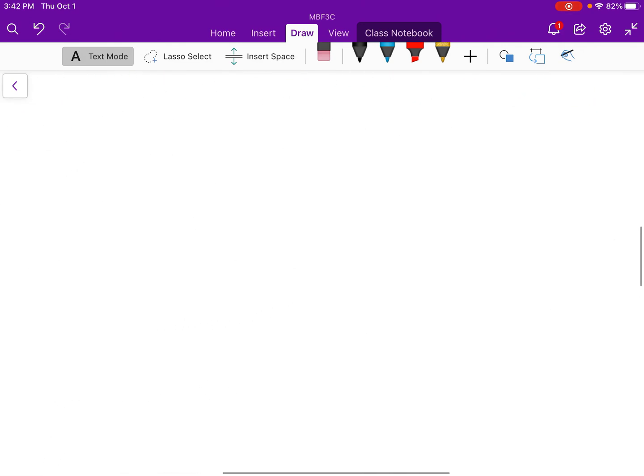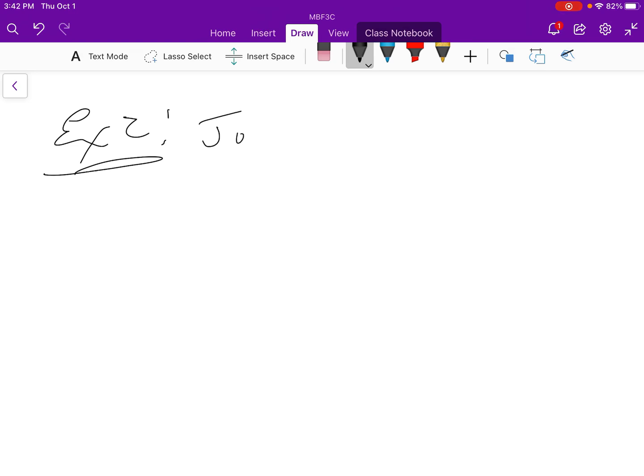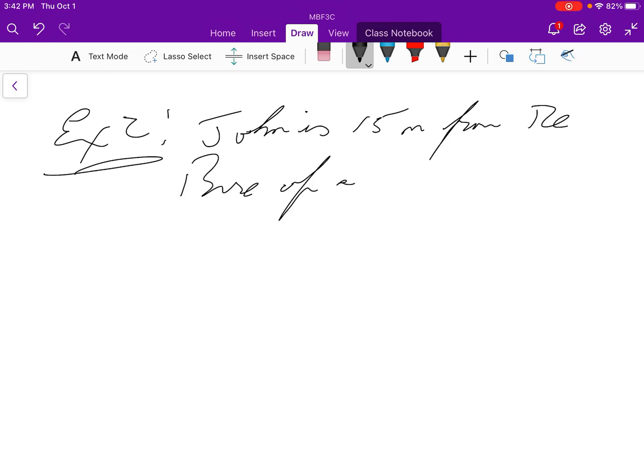All right. And maybe this example might say something to the effect of use the angle of elevation or the angle of depression. All right. Let's say John is 15 meters from the base of a building.